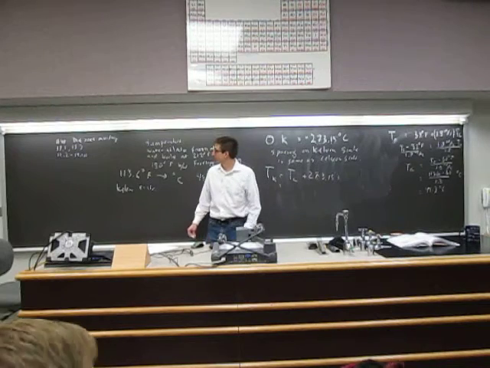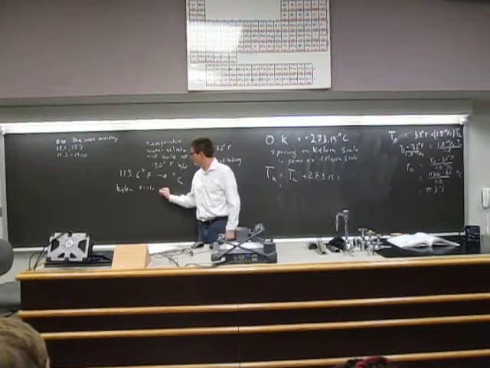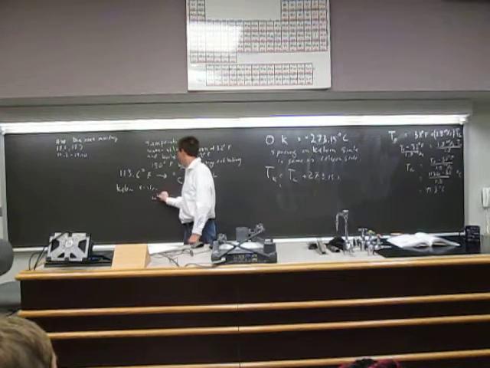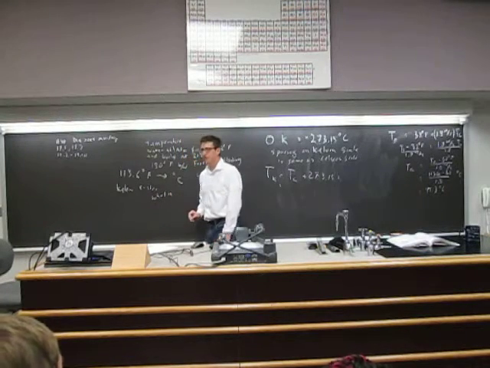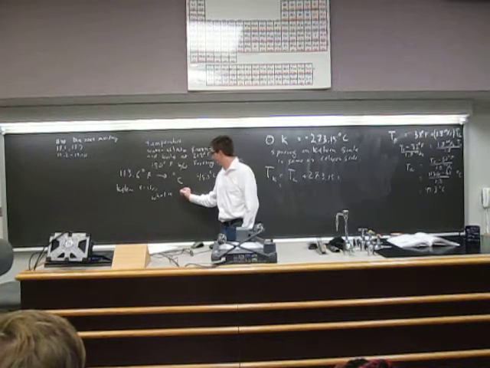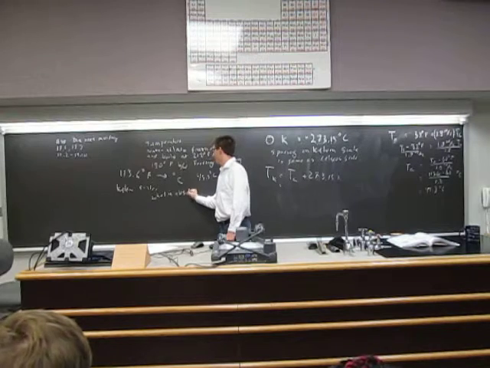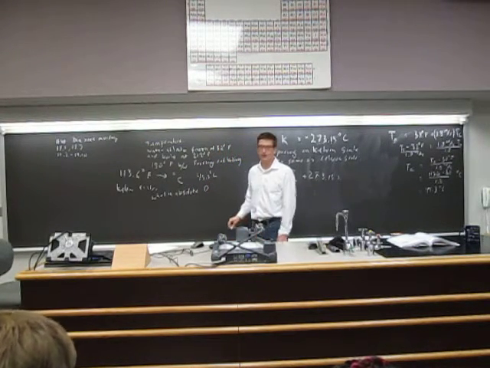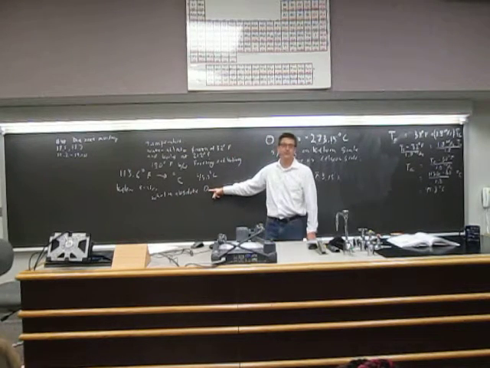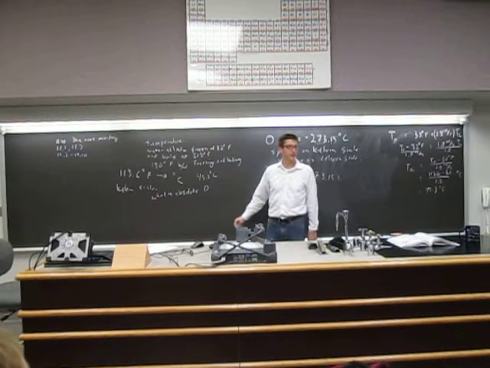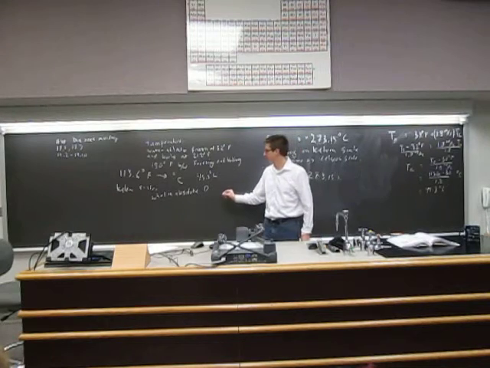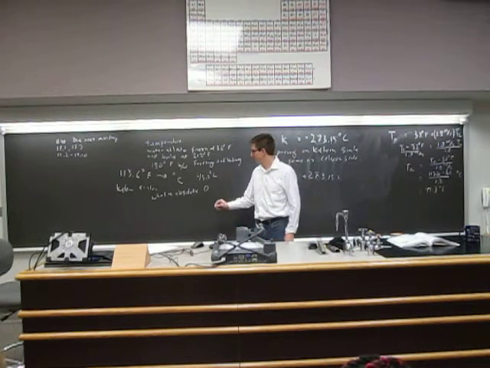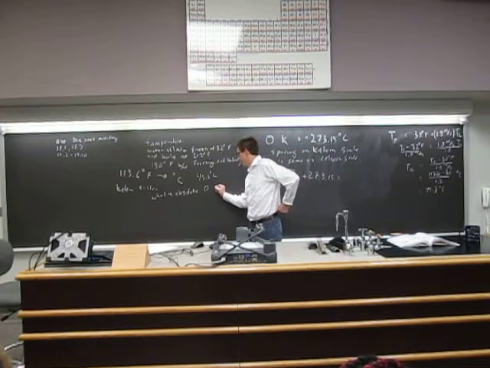All right. Just out of curiosity, what is absolute zero on the Fahrenheit scale? Zero temperature, absolute zero, means the temperature in Kelvin is 0, K equals 0.